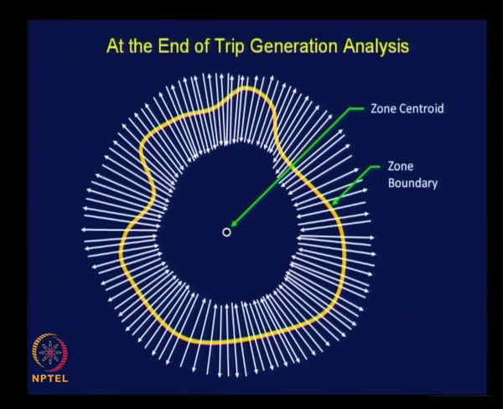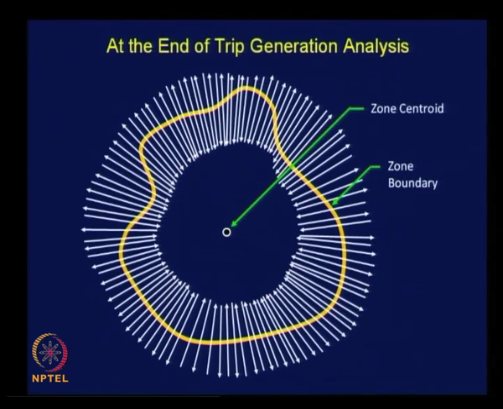Percent trip ends associated or connected to each of the traffic zones were estimated on completion of trip generation analysis, which involves both trip production as well as trip attraction analysis, both together, isn't it.